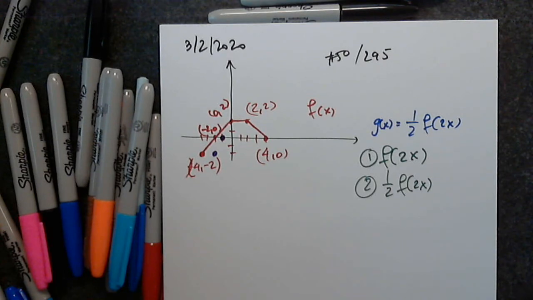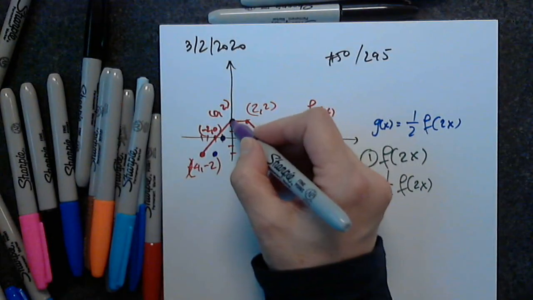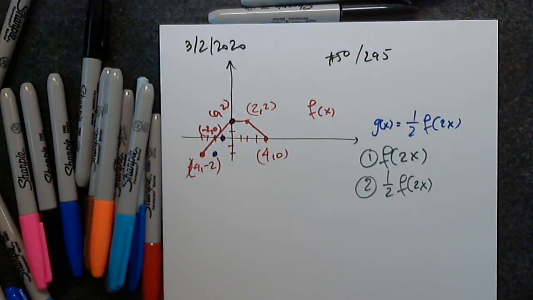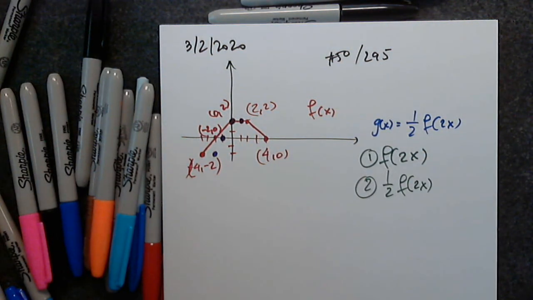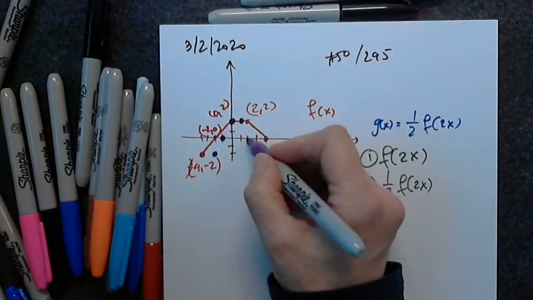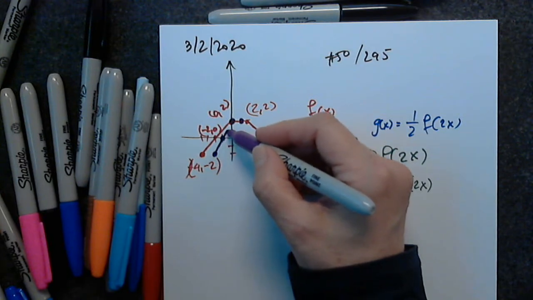We are dividing 0 by 2. Where will it move? Nowhere. Excellent. The next point has x equals 2. Where will that point move? Exactly. 1, 2. And then we have a point that is 4, 0. Where will this point move? 2, 0. And this is the new graph.